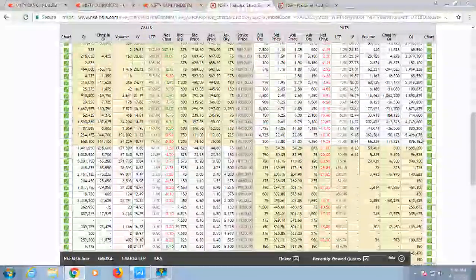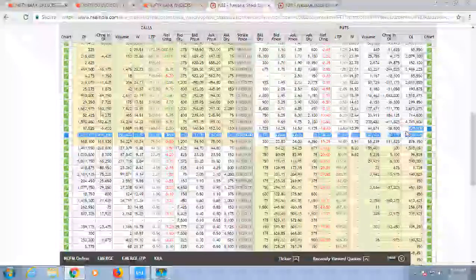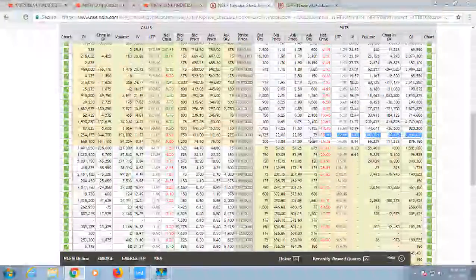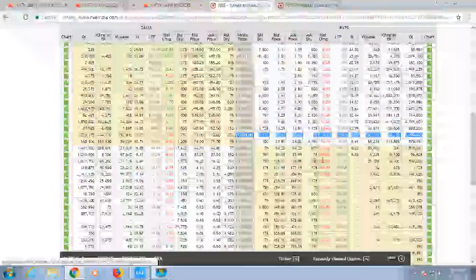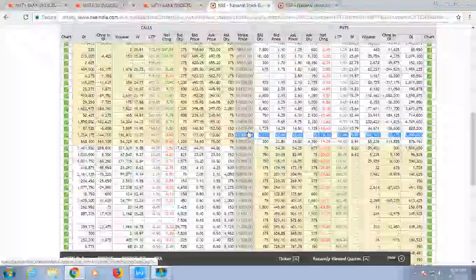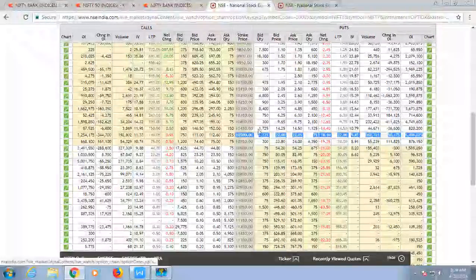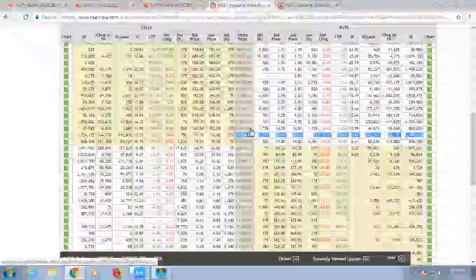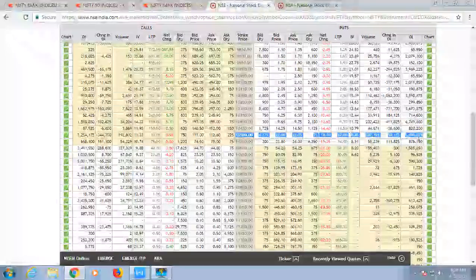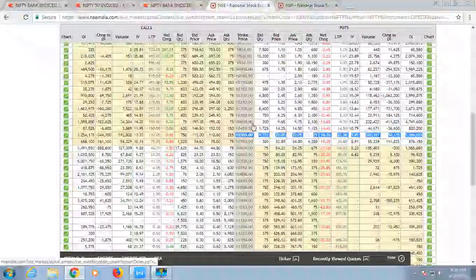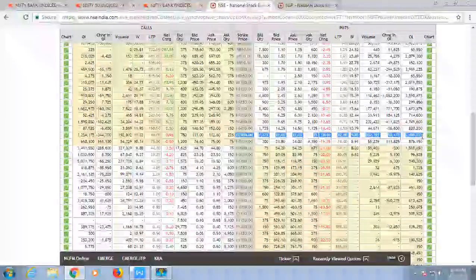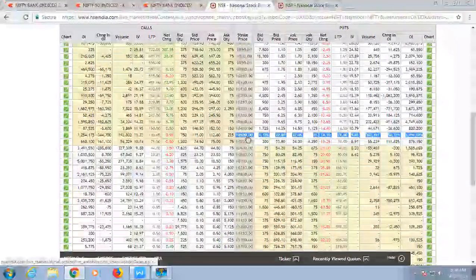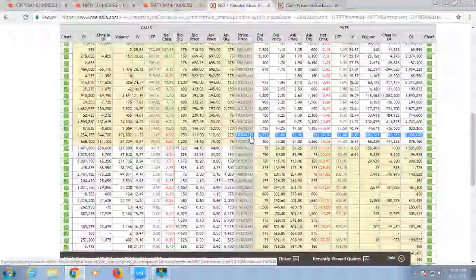The maximum is at 10,500. You can see that is 54 lakh. This one has the maximum open interest for the 10,500, 10,400, 10,450. This is going to be the major support, the 10,400. So we can say if Nifty falls, then this can act as a major support.